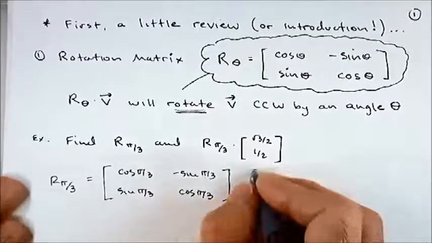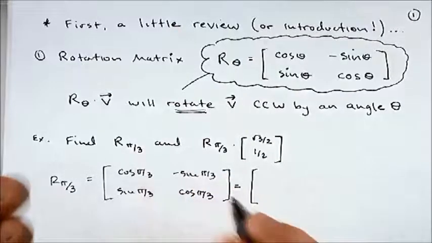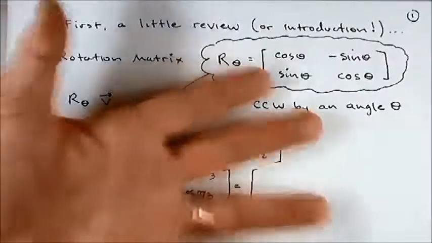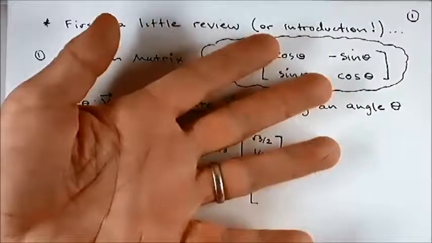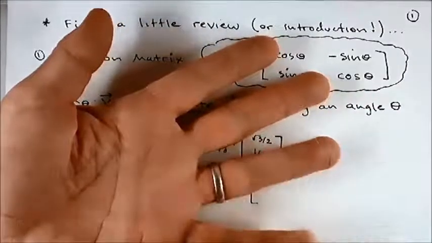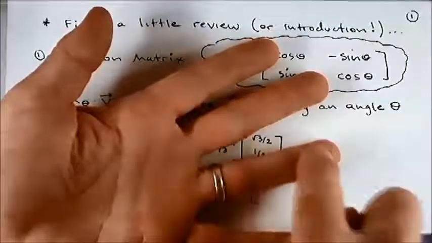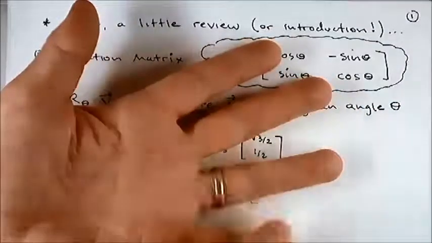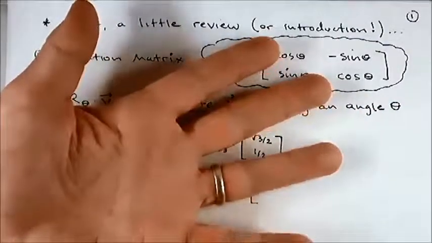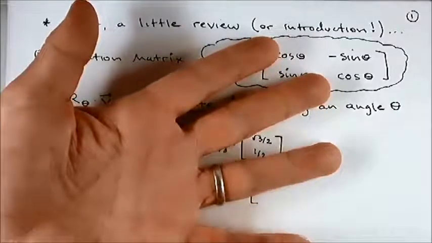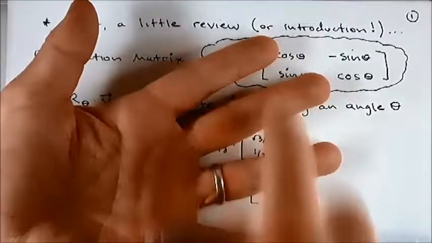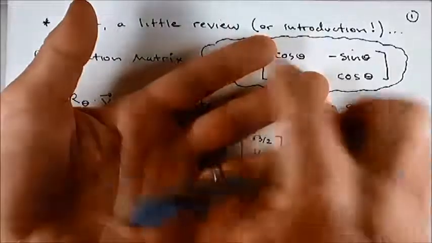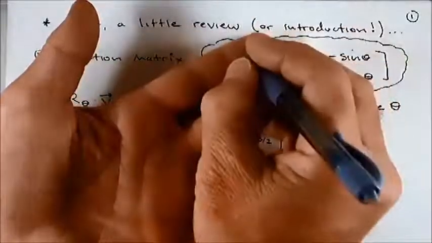Okay, and so there's a little bit of trig here, right? If you want to find the cosine of pi over 3, I've taught this before. If you use your left hand, this is 0, pi over 6, pi over 4, pi over 3, pi over 2. Those are all the special angles in the first quadrant. If you want to find the cosine or sine of pi over 3, you find the correct finger. 0, pi over 6, pi over 4, pi over 3. So pi over 3 is right here.